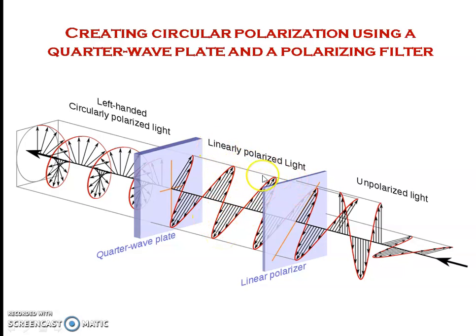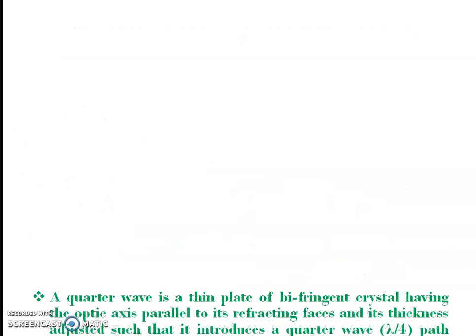And when this linearly polarized light is allowed to fall on this quarter wave plate, we get circular polarization of light. So this is how we create circular polarization, by using a quarter wave plate and a polarization filter.